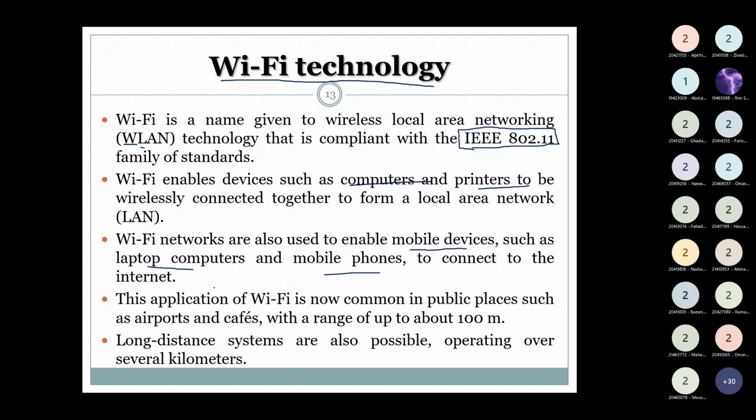This application is now common in public places such as airports and coffee shops, with a reach of up to about 100 meters. Long distance systems are also possible, operating over several kilometers.